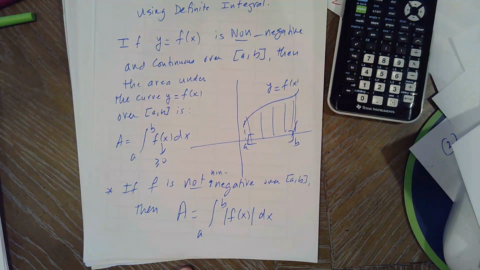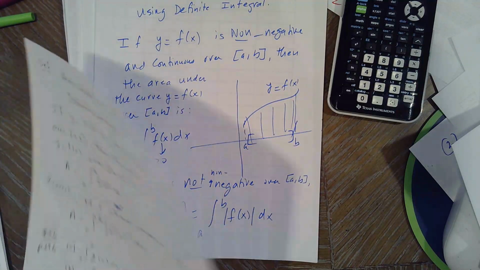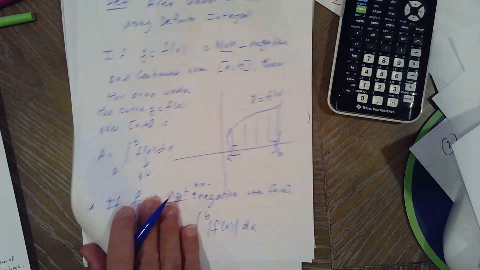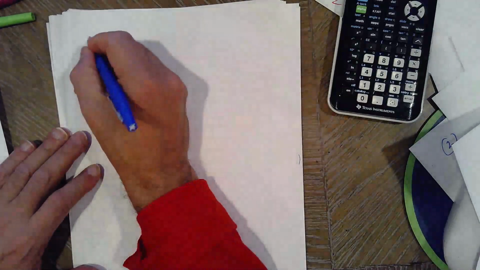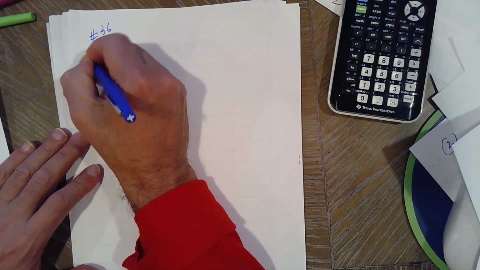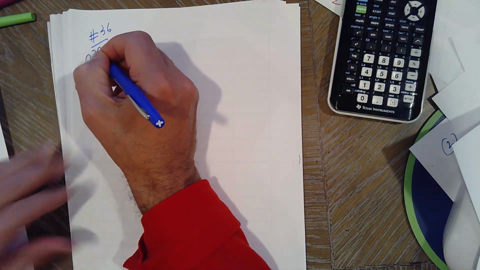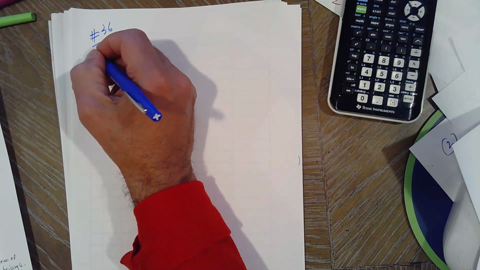Let's look at number 36, page 396. It says the graph of g consists of two straight lines and a semicircle. Evaluate each integral by interpreting it in terms of an area.